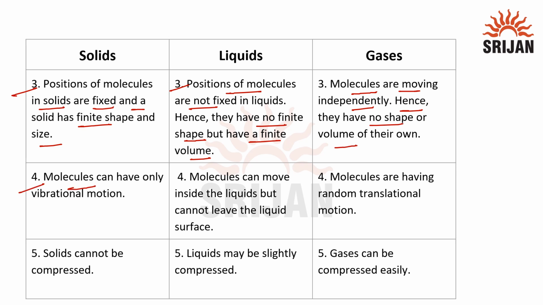Next, molecules can have only vibrational motion in case of solids, but in liquids, molecules can move inside the liquid but cannot leave the liquid surface. But in the case of gases, molecules have random translational motion and they are moving independently of each other. Next, solids cannot be compressed, whereas liquids may be slightly compressed, but gases can be compressed easily.